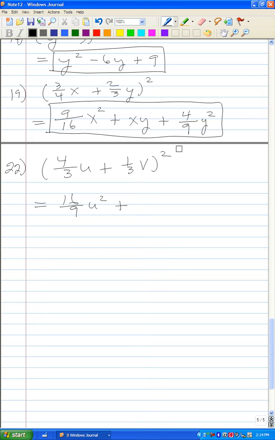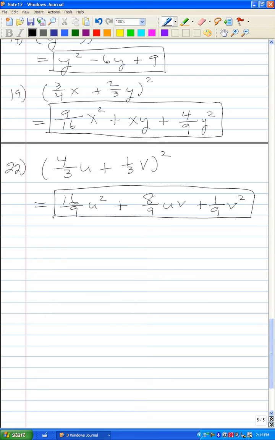Four times 1 times 2 is 8. 3 times 3 times 1 is 9. U times v is uv. Plus 1 squared is 1. 3 squared is 9. V squared is v squared. And that is your answer.